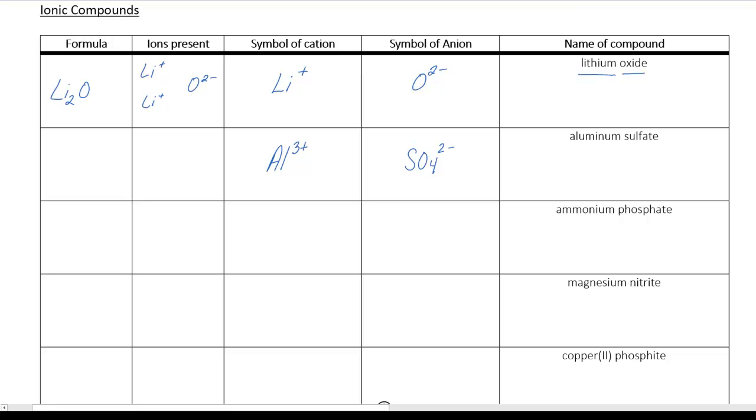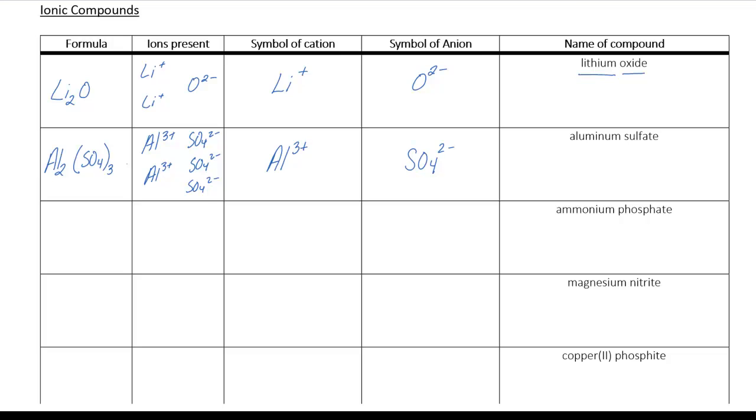So in order to balance charges, we're going to need 2 aluminum ions for every 3 sulfate ions. Now written as a formula, we'll indicate it as aluminum, subscript 2, sulfate, parentheses 3. Notice that this time we need to include the parentheses.